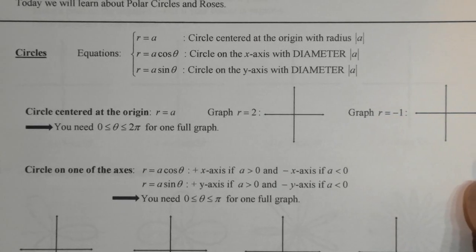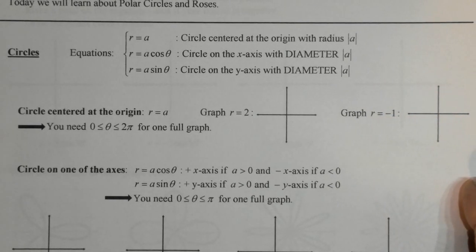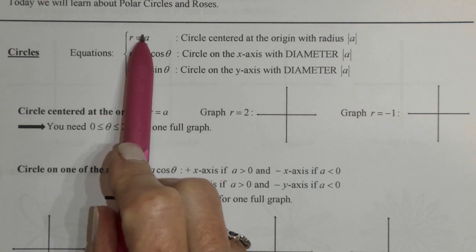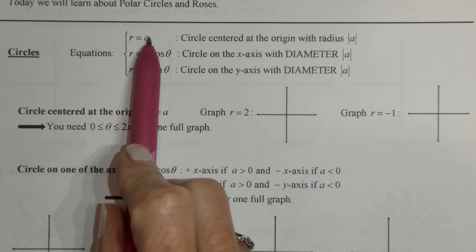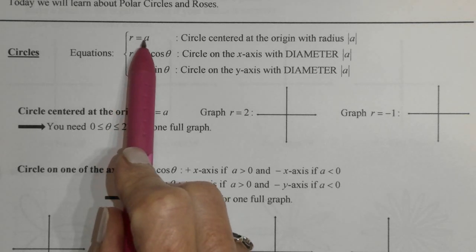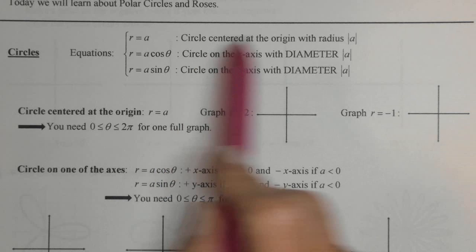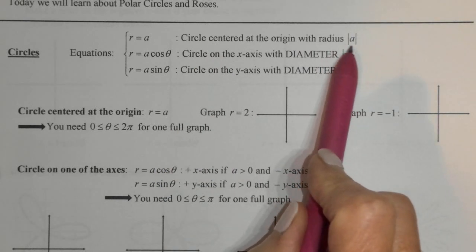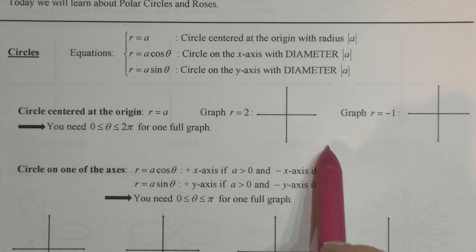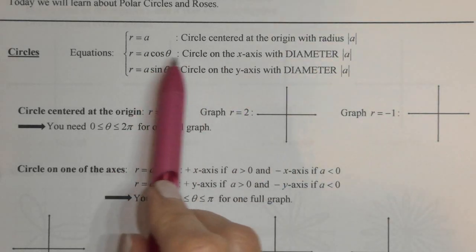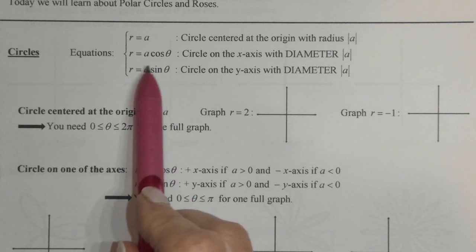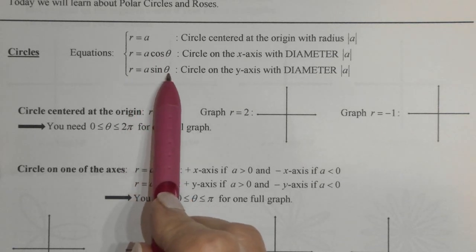The circles have two types of equations. The first type is just r is equal to a number. When you have r is equal to a number, that is a circle centered at the origin with radius whatever the absolute value of that number is. The other type is r is equal to a cosine theta or r is equal to a sine theta.